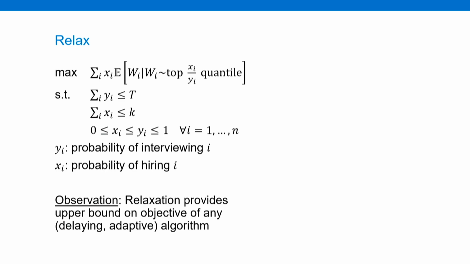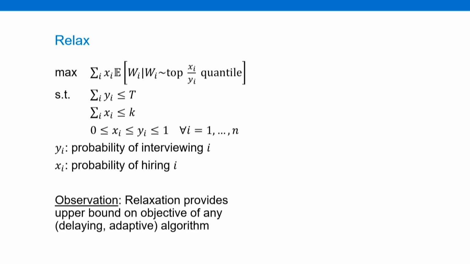What this is saying is, what's the best value I can get from you if I'm hiring you half the time I interview you? It's basically whatever your average value is on the top half of your realizations. If I'm only hiring Andres half the time I interview him, then the best I can collect is the average value on the better half of himself. And that's what this is saying.